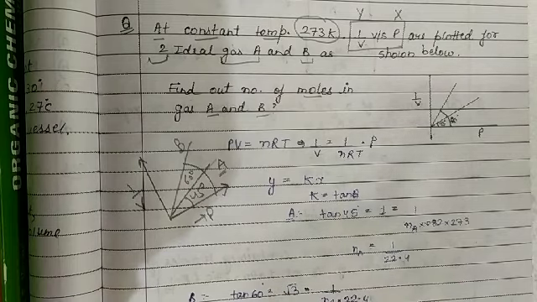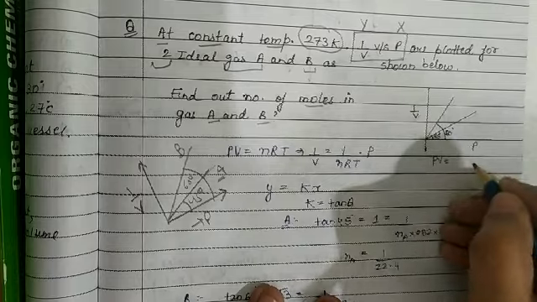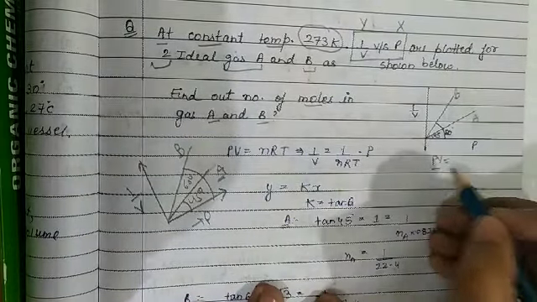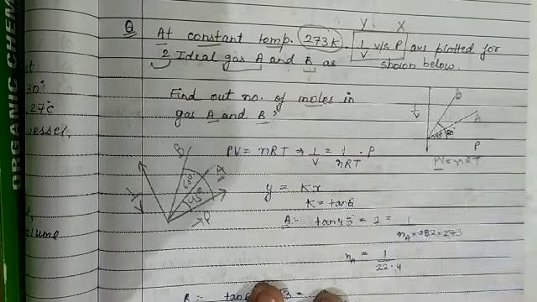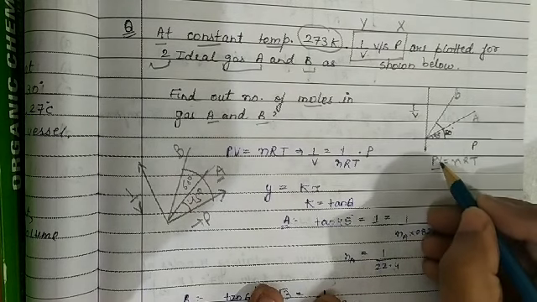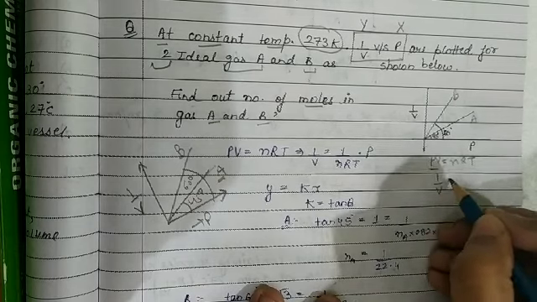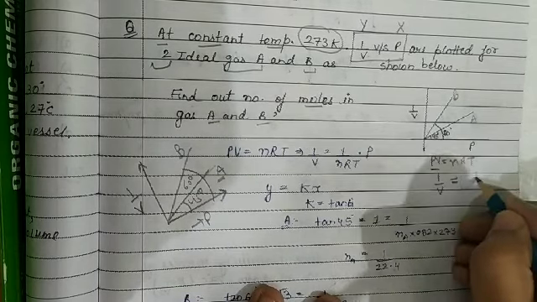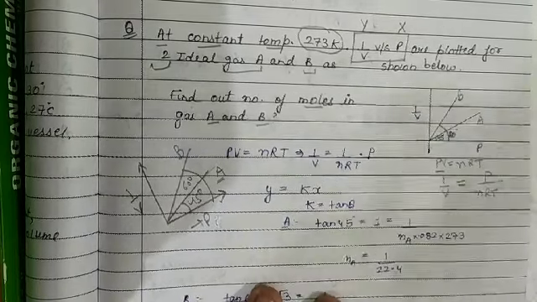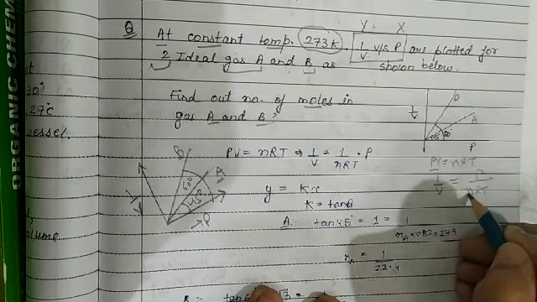As we know, according to the ideal gas equation, PV equal to nRT. Now take 1 by V on one side, so V becomes 1 upon V, then it becomes P upon nRT.